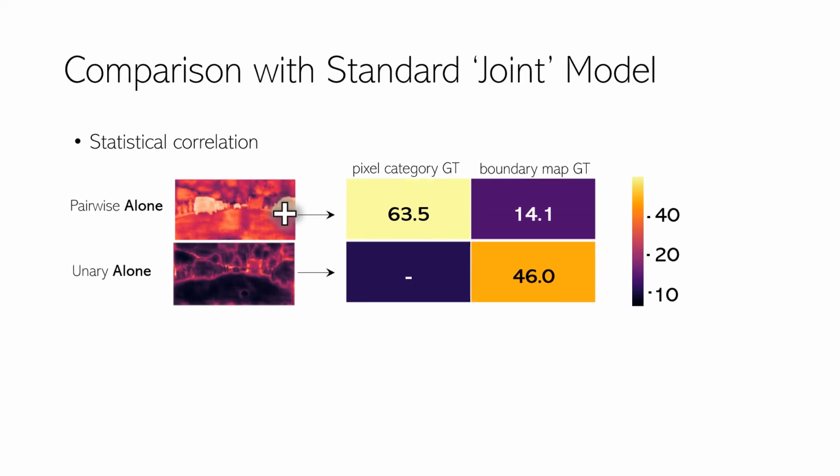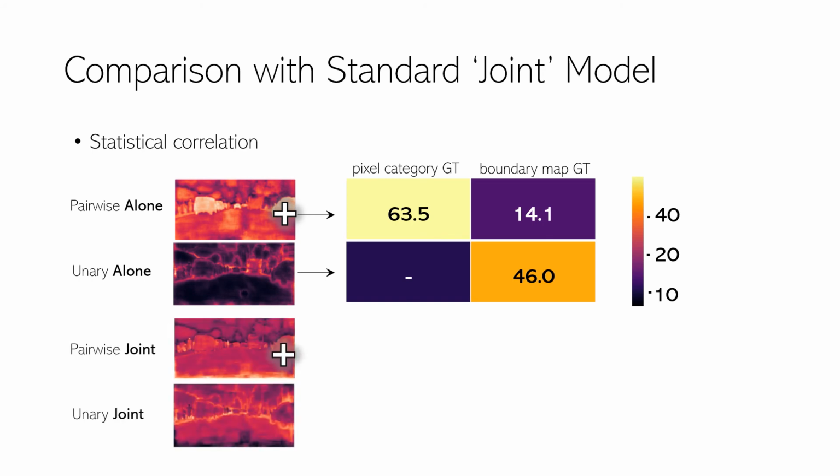Then we compare these alone models with the joint models learned by the standard self-attention. These are the pairwise and unary attention maps learned by the standard joint model. We can say neither of them learn clear visual meanings of within category regions or boundaries.